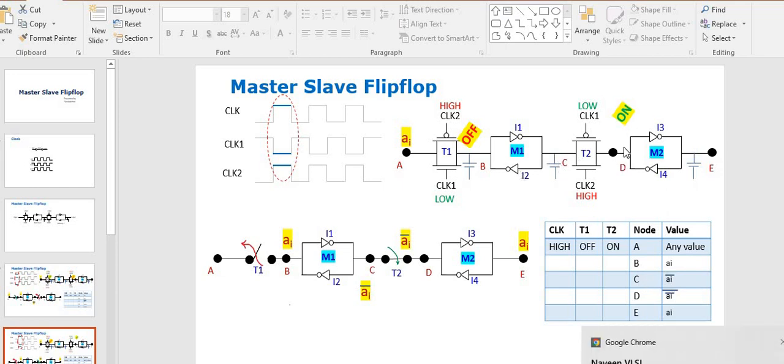This was the on condition, that's why D is inverted. That inverted value is the T1 pass transistor output. At E, we have inverted the value, and again this inverter inverts that value. So whatever input we give, that same value we get here.